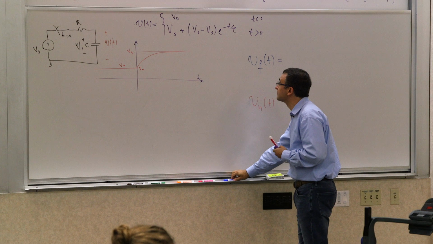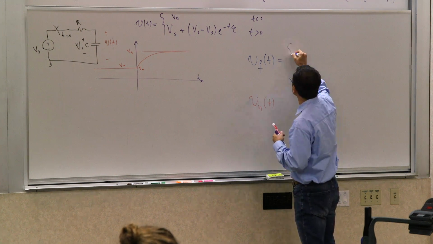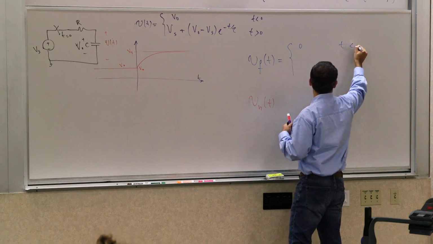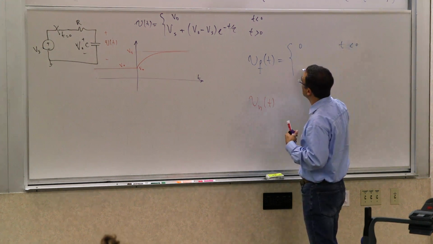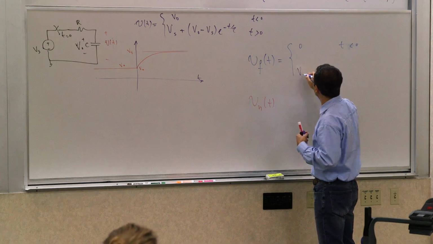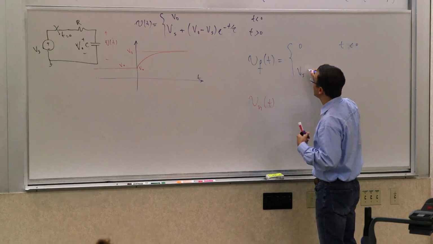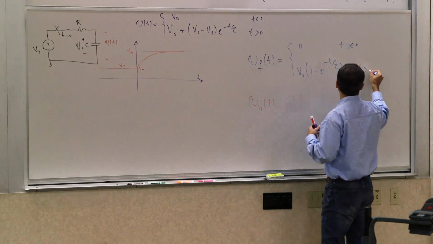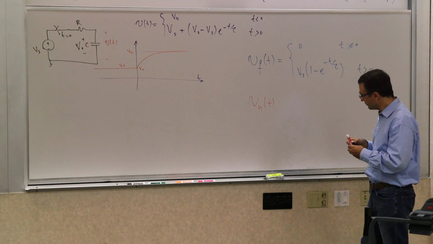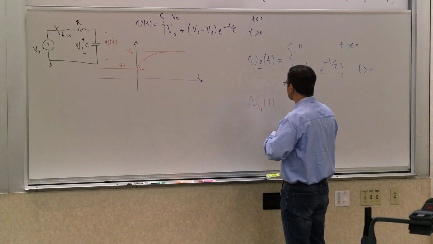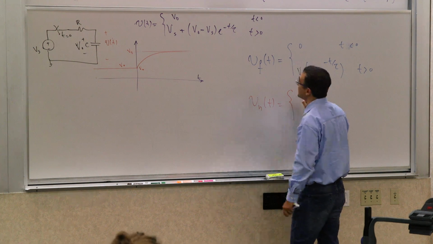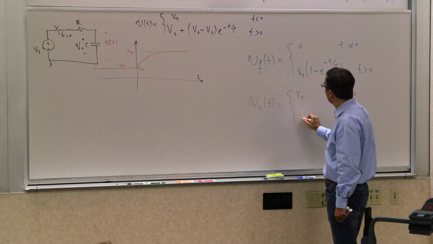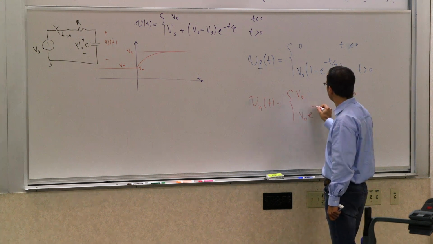So for Vf of t, I write 0 for t smaller than 0, and Vs times 1 minus e to the negative t over tau for t greater than 0. And for Vn, I write this: V0 for t smaller than 0, and V0 e to the negative t over tau for t greater than 0.